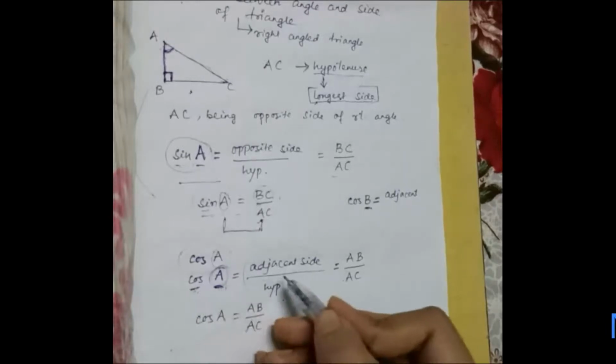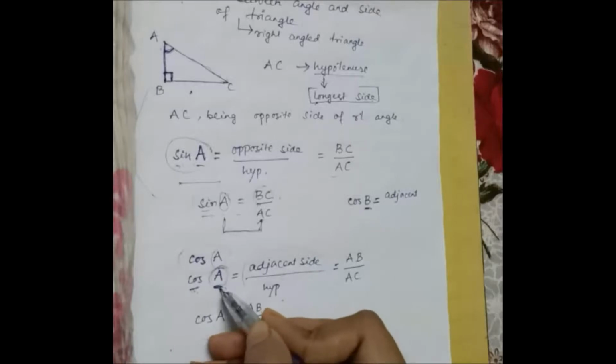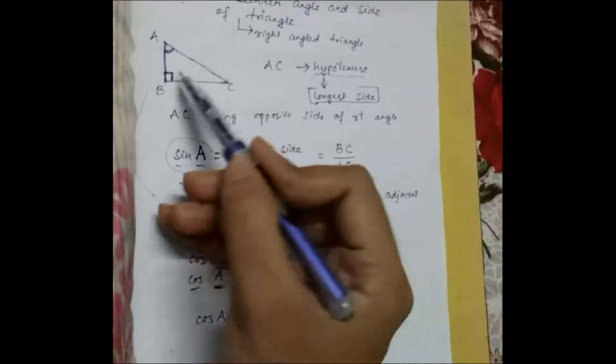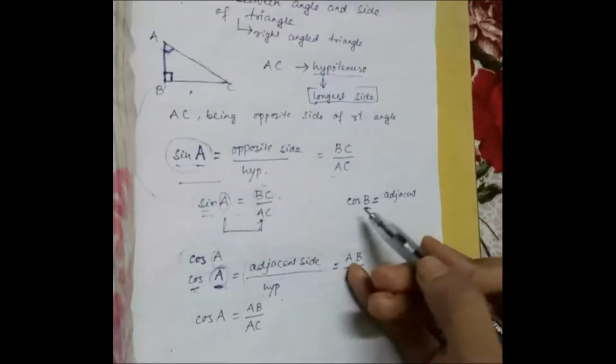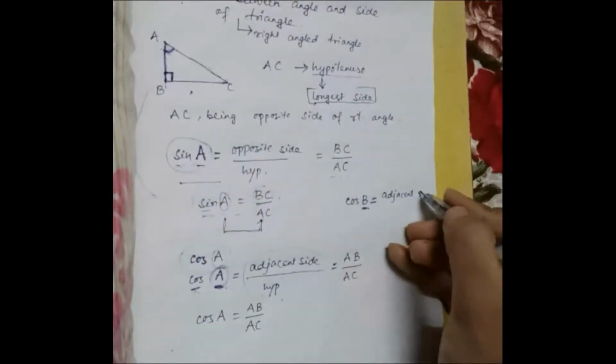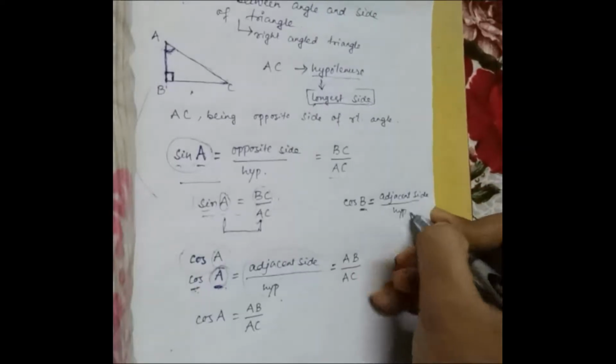Here cos A is equal to adjacent side by hypotenuse, and here the angle is considered A, so the adjacent side of angle A is AB, and hypotenuse is AC. Same for cos B. Cos B is equal to adjacent side by hypotenuse.